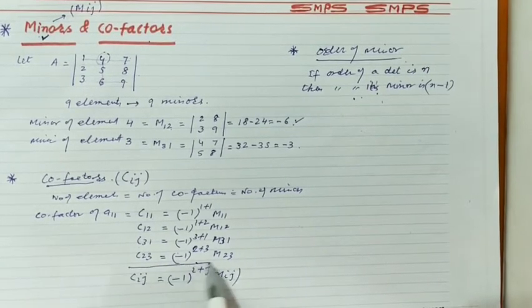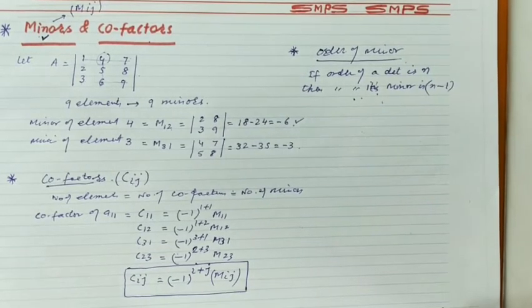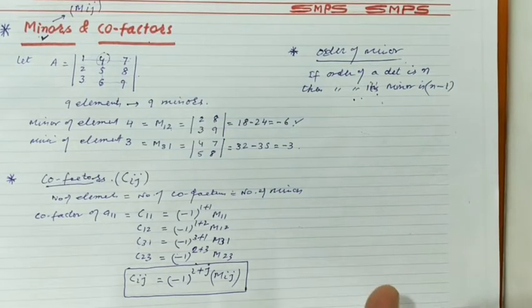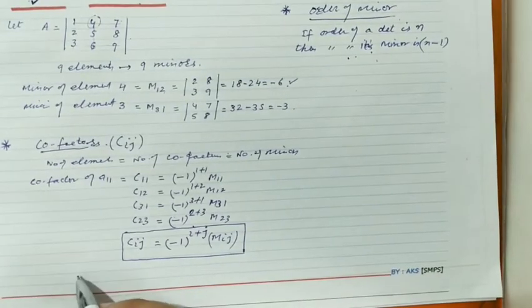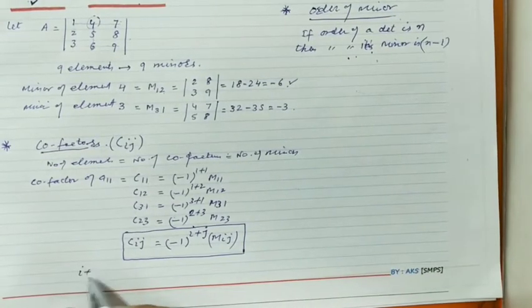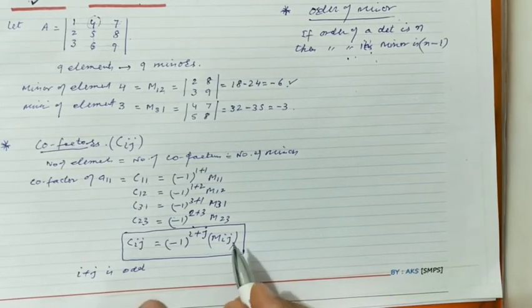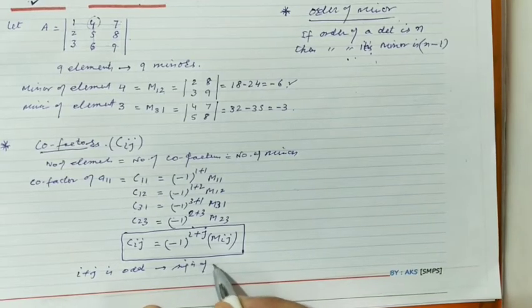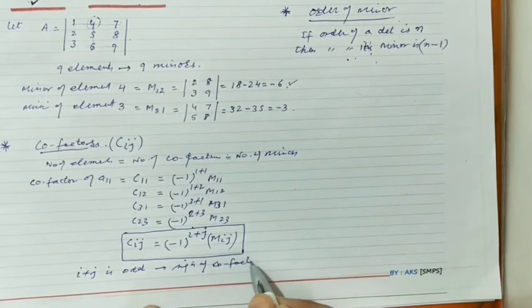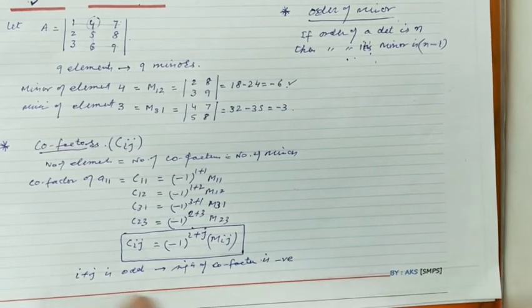The formula is Cij equals minus 1 to the power i plus j, Mij. This formula is used to find the cofactor of an element. Got it? One more very important thing: if i plus j is odd, then the sign of the cofactor is negative.